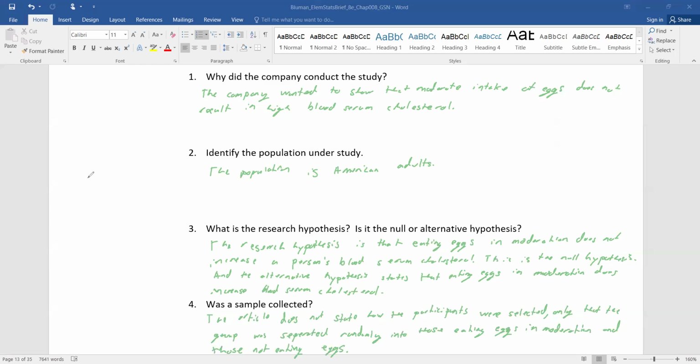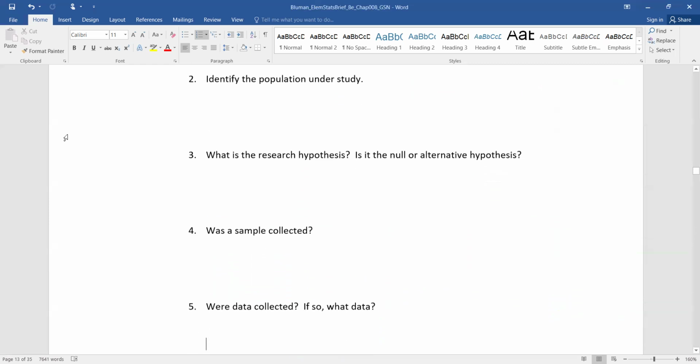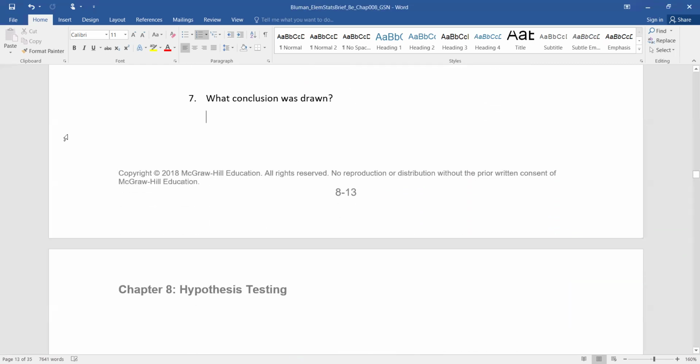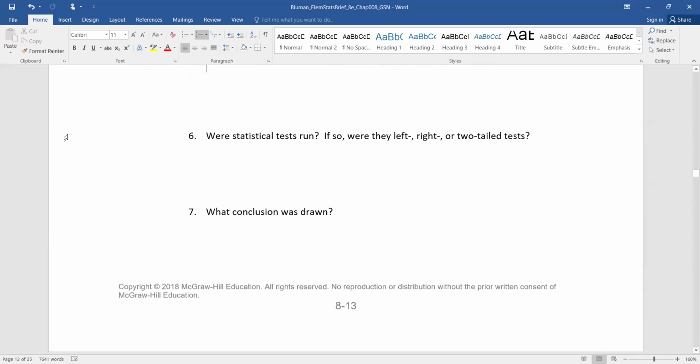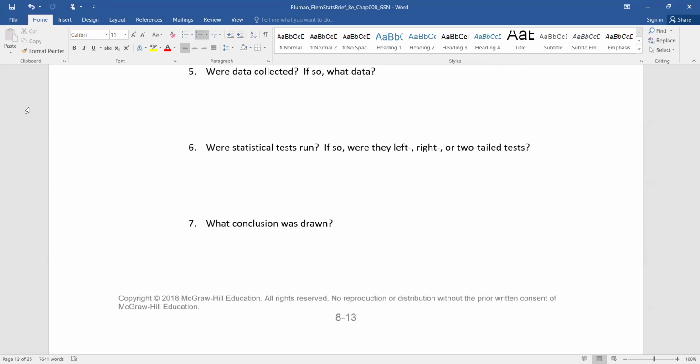All right, question 5 says, were data collected? If so, what data? And we can see data was collected, and it was the blood serum cholesterol levels.